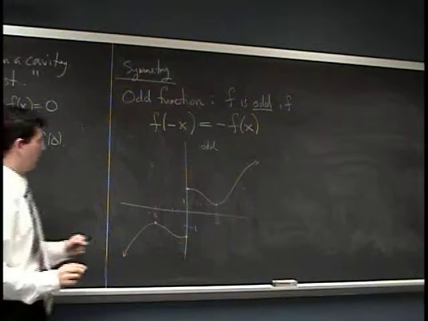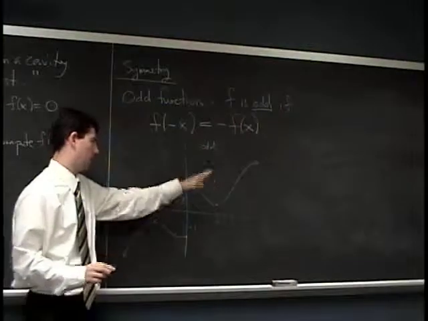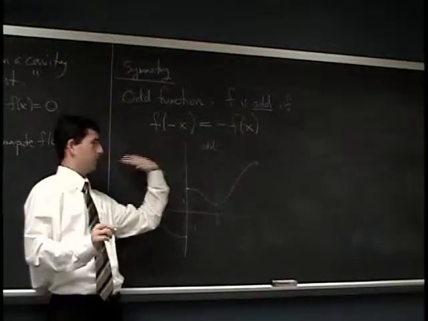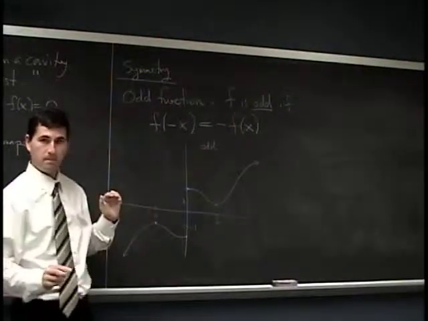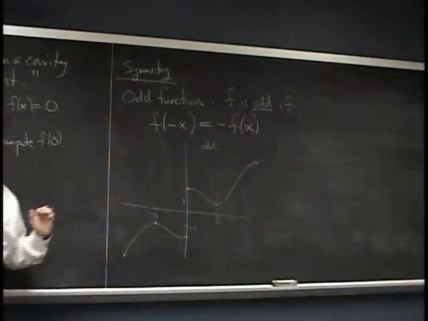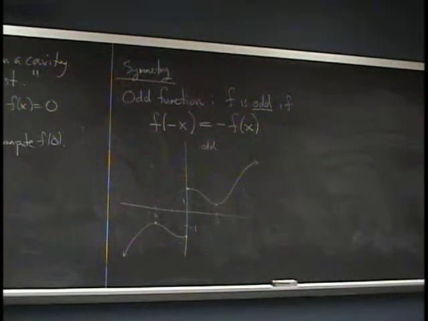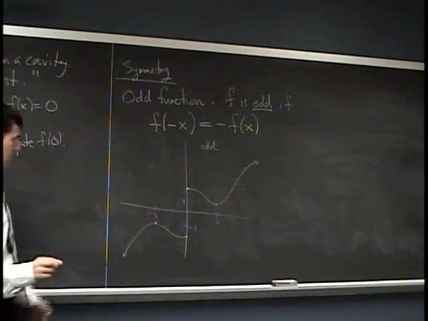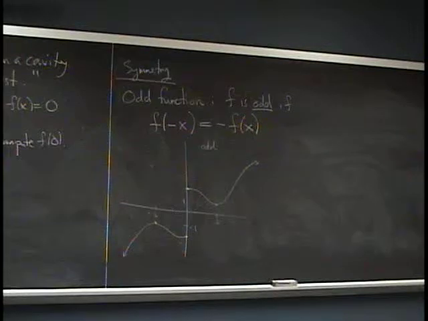For me, the way I see it is I flip it over and then I flip it down. I'm not sure how you guys want to see it. Is it visually clear?